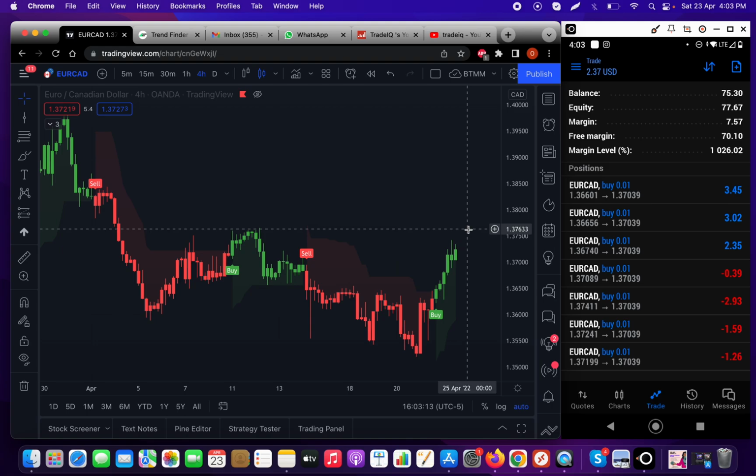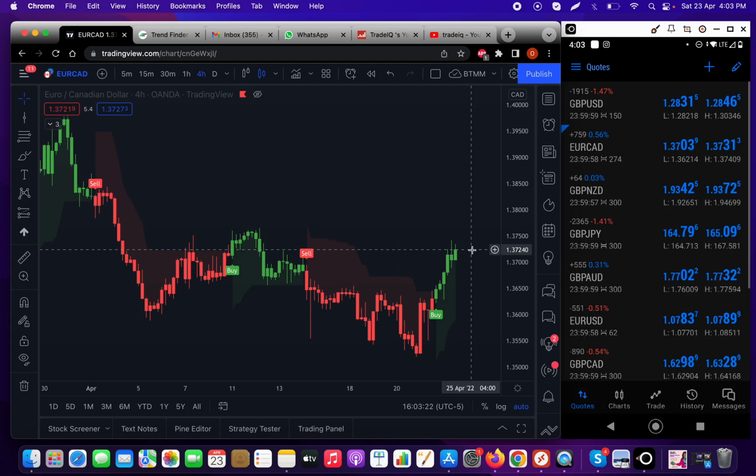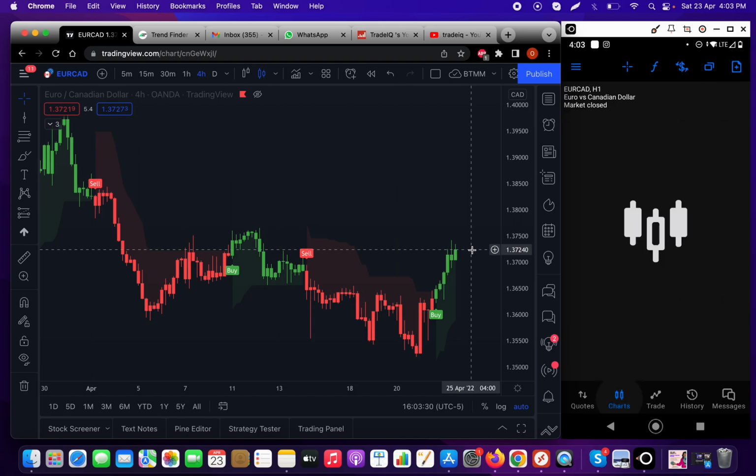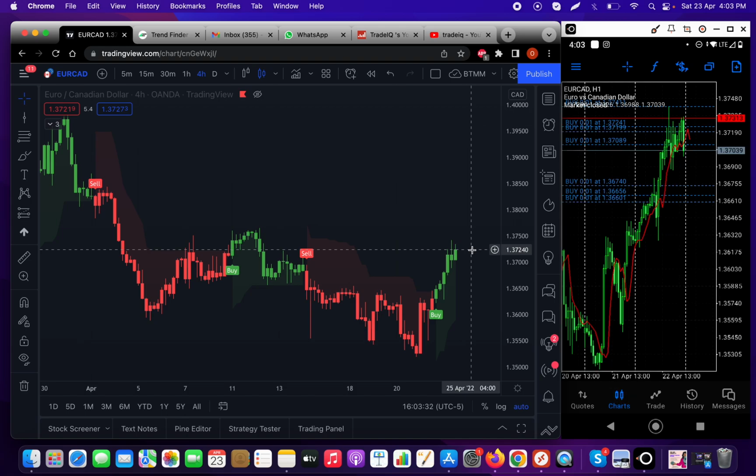Now, I entered the market from about here, but the spreads on the broker I'm using are very high right now. If you can see, the spreads on this particular broker are ridiculous. 274. That's the spread that I'm getting. So yeah, you can take a look and see.